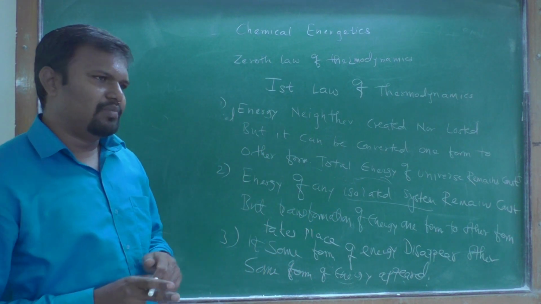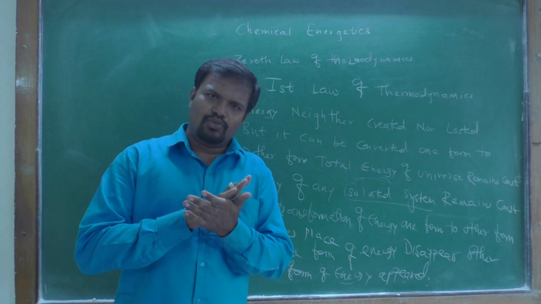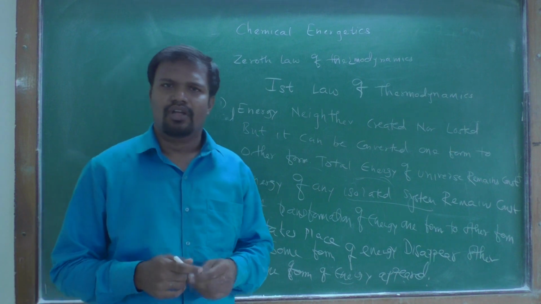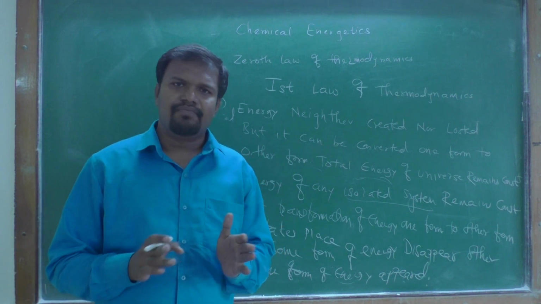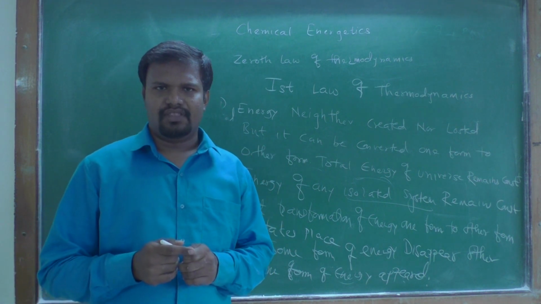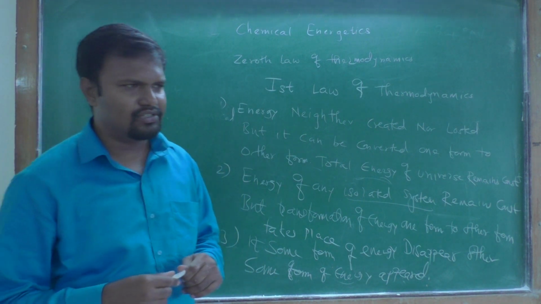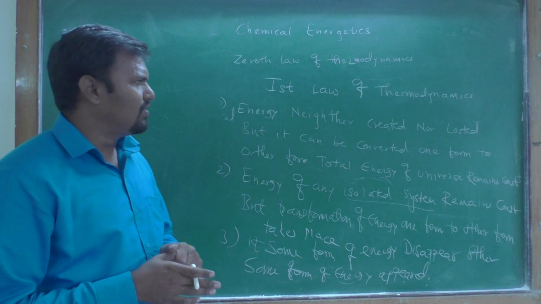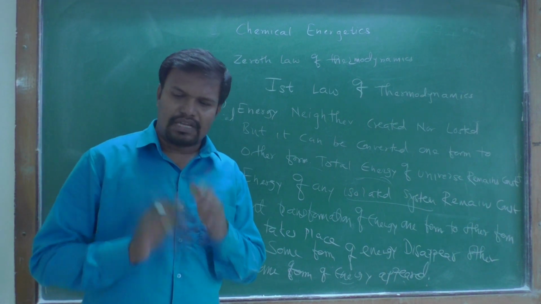That is the fourth statement: no perpetual machine can be produced without consuming energy. These are the four statements. You can remember any one of them for the first law of thermodynamics.